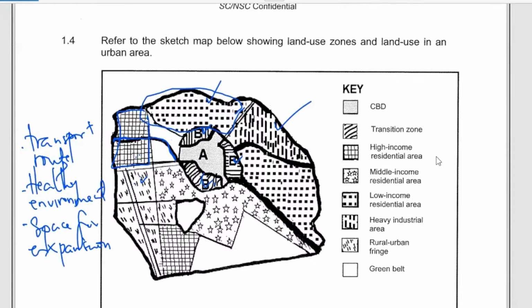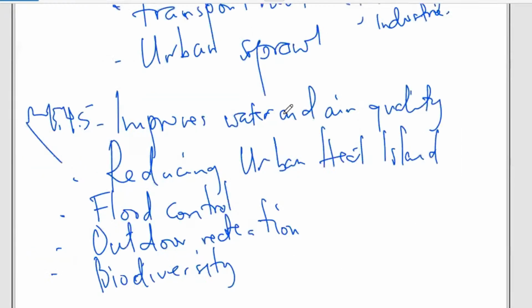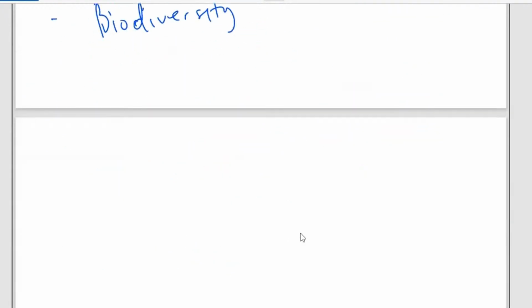So we relate to the industries and try to justify how it comes as an advantage and also how it can come as a disadvantage to the people. So that is number 146. I'll just try to highlight it here.